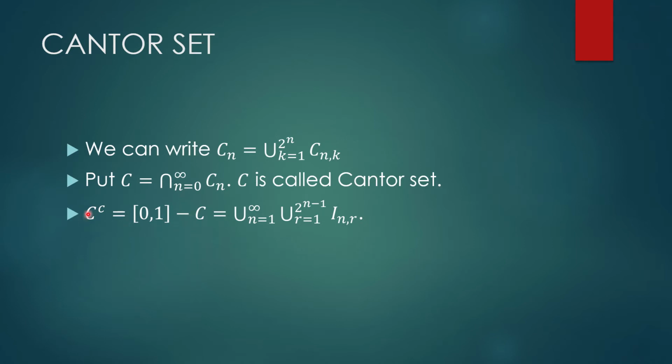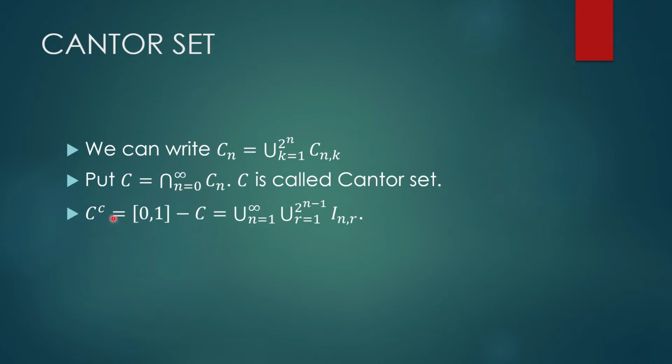The complement of the Cantor set in the closed interval 0, 1 is equal to the union of all the intervals you remove. If you take the union from n going from 1 to infinity, this whole union gives you every interval that you remove in each step. That is the complement of the Cantor set.